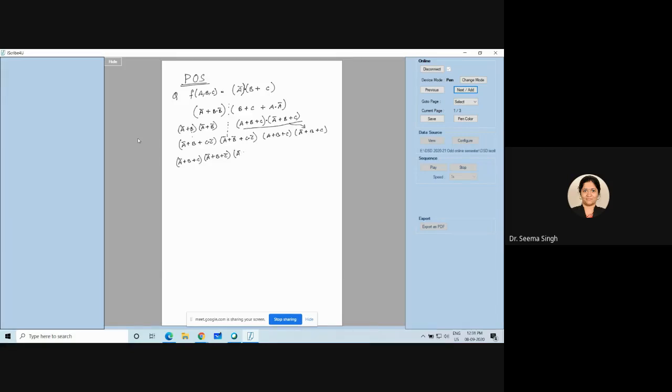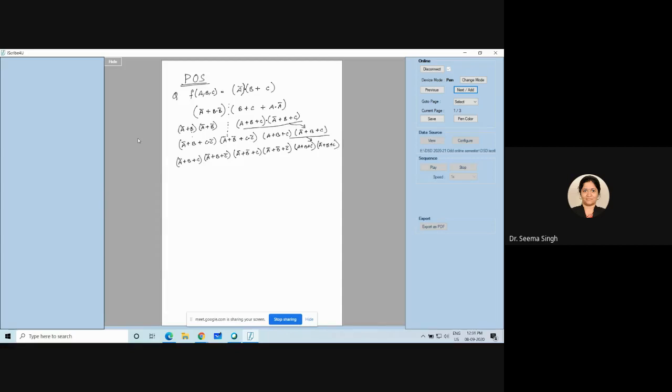Now this one, A bar plus B bar plus C, and then A bar plus B bar plus C bar, right? And the last is simply copied, and it is A plus B plus C and A bar plus B plus C.